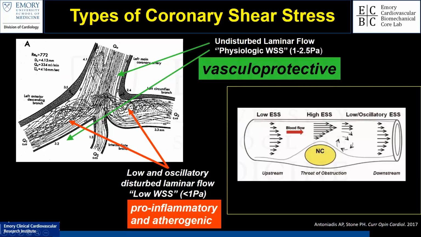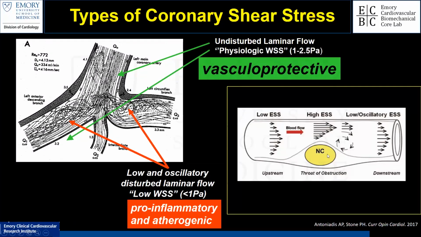In the coronary tree, we often observe laminar flow causing physiologic shear stress in the non-diseased portion of the epicardial vessel. Some portions of the epicardial vessels, such as those near the inner curvatures and the bifurcation zones, demonstrate low and oscillatory flow zones. These areas of the epicardial vessels are often the nidus of atherogenic plaques.